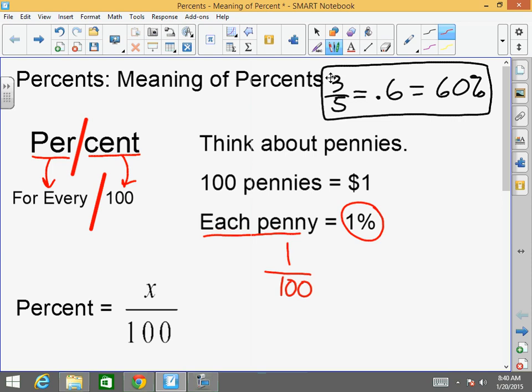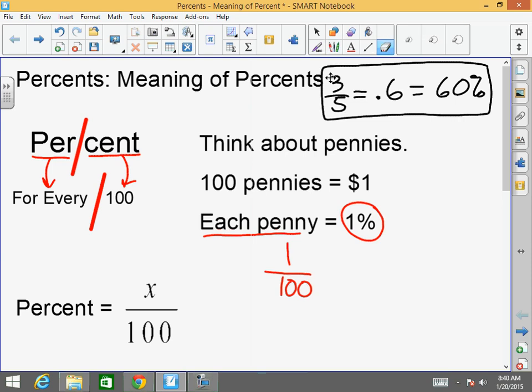So percents, think of for every 100. Think of pennies. Everyone works with pennies. You use pennies all the time when you're paying for stuff. If something is $5.07, that's 7 out of 100. Think of pennies as percents. Each penny is one individual percent.